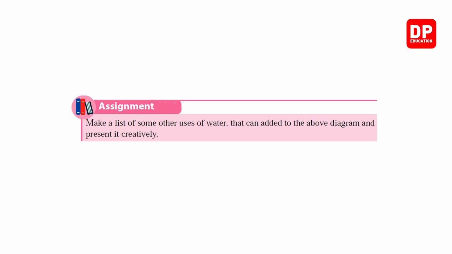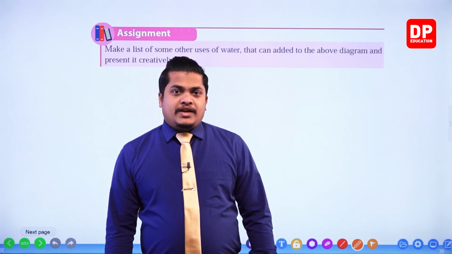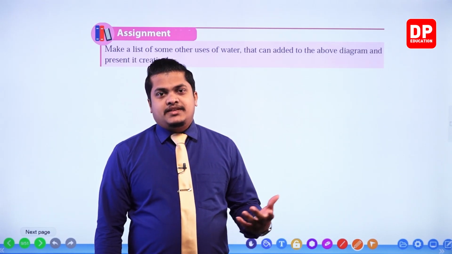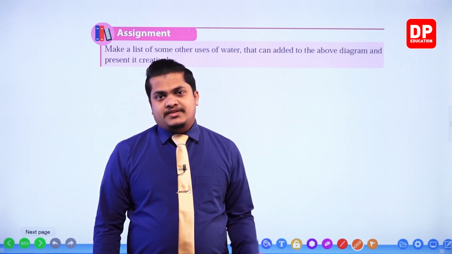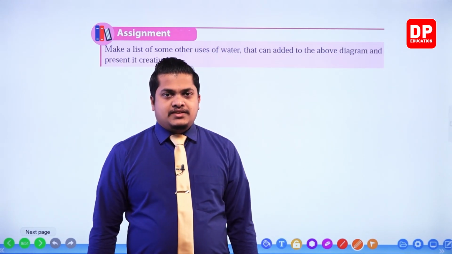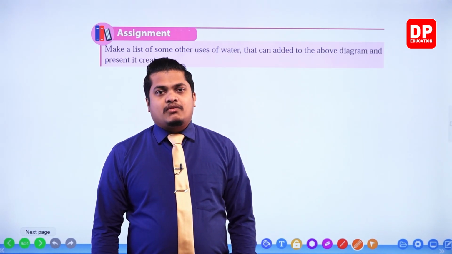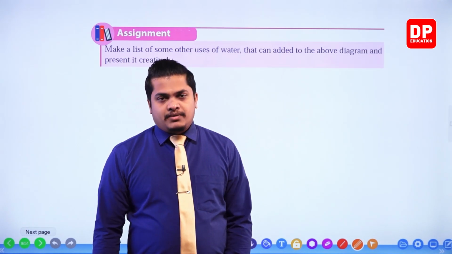So then let's head on to see the next one. You are given an assignment here. Make a list of some other uses of water that can be added to the above diagram and present it creatively. I hope that you have done the assignments in the previous chapters and lessons as well. Once again, within this lesson also, you are given a certain activity. These activities are quite interesting and simple, my dear children.